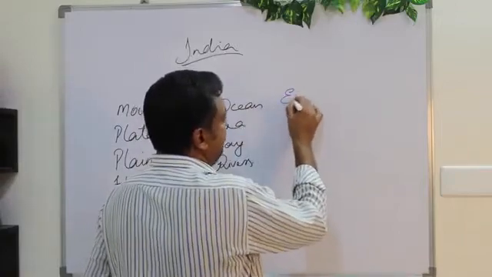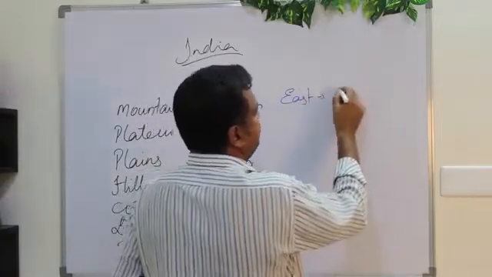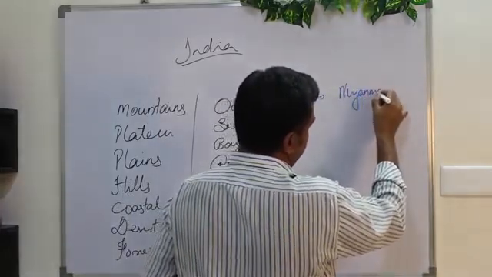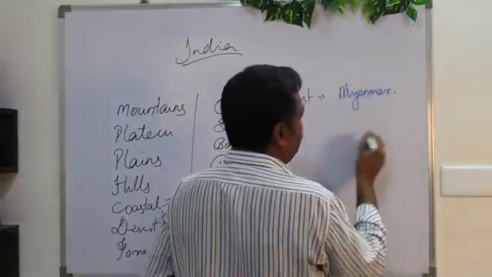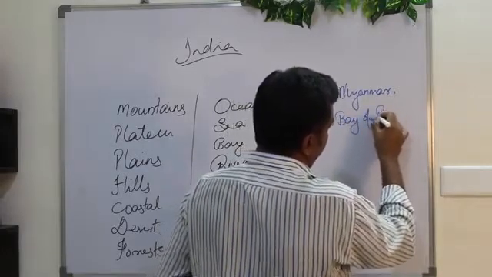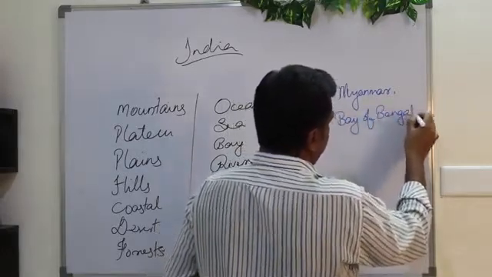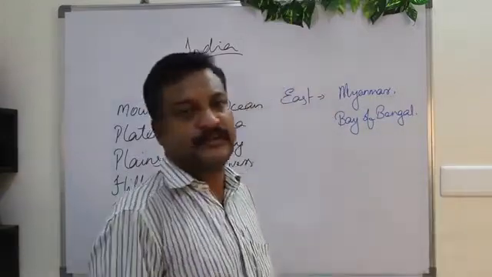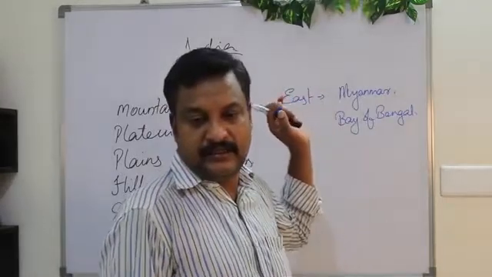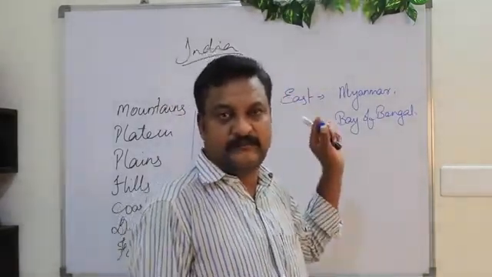Okay, so here in the eastern direction, we have Myanmar and Bay of Bengal. In the eastern part we have the country Myanmar and Bay of Bengal. Right?